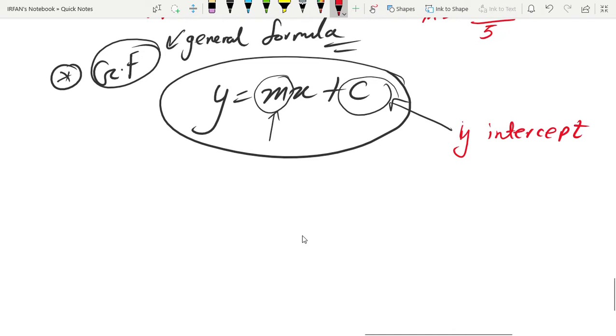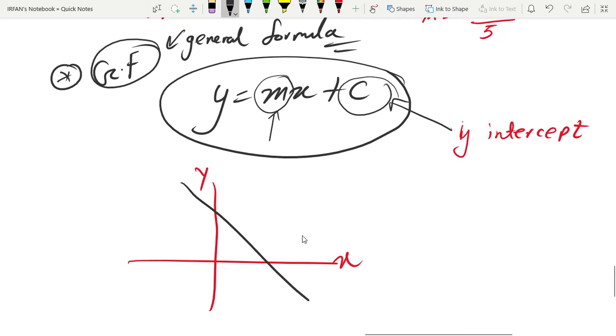For example, we have a graph like this. This is our y-axis, this is our x-axis. If I draw a graph like this, what is our y-intercept? The y-intercept, I said, is the point where the graph crosses the y-axis.